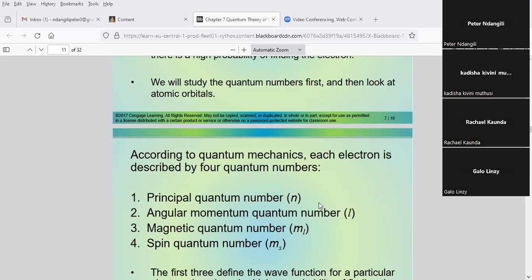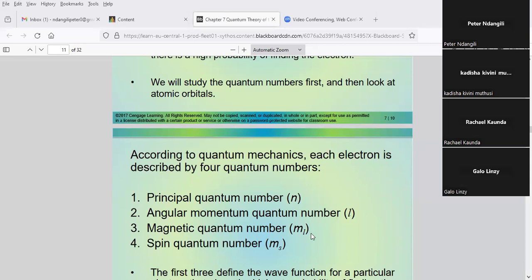Now, the values of n will give you the second quantum number, which is the angular momentum quantum number, l. For every value of n, we are going to have some values of l. And for every value of l, we are going to get the third quantum number, which is the magnetic quantum number, ml.